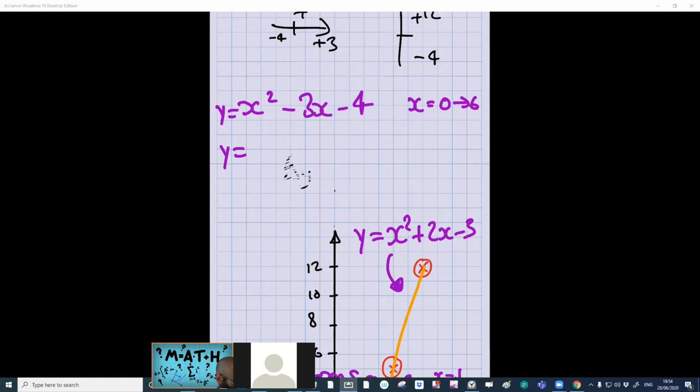X squared minus 7x plus, is that one? Okay, let's give you x squared plus 4x, and you need to go from x is equal to minus 5 all the way to 2.